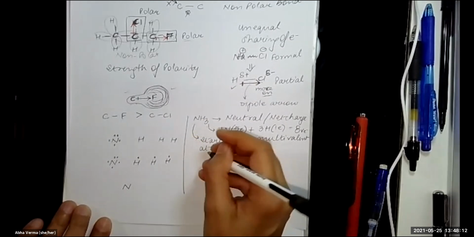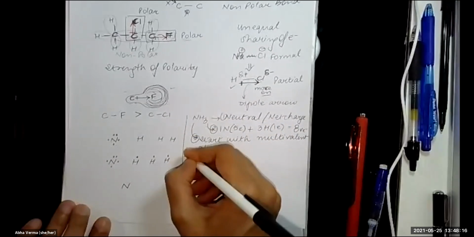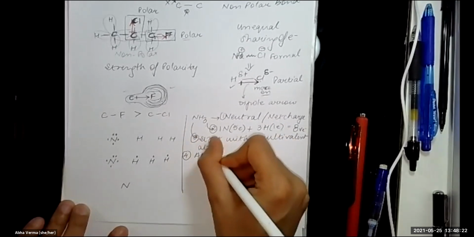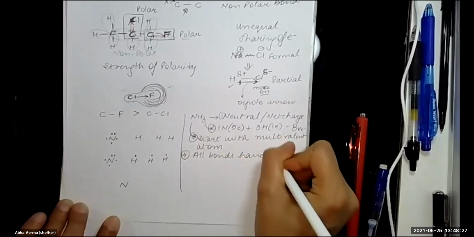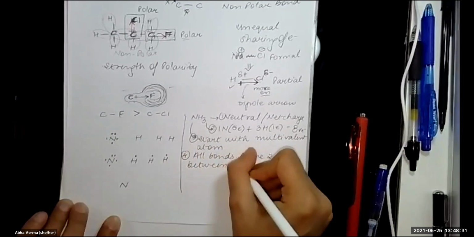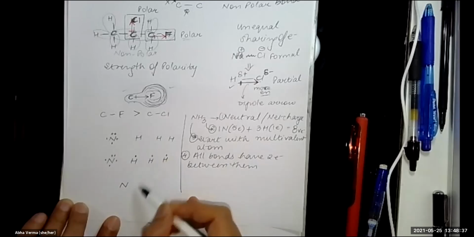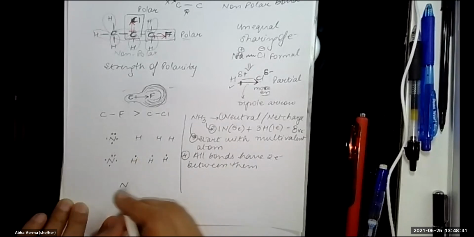The next thing I have to remember is that all bonds have 2 electrons between them. I do not see any other multivalent atoms, so now I can fill in my hydrogens. How do I fill those in?